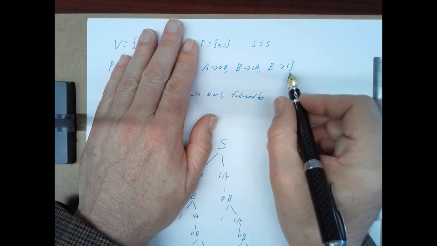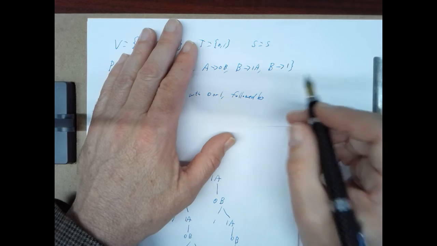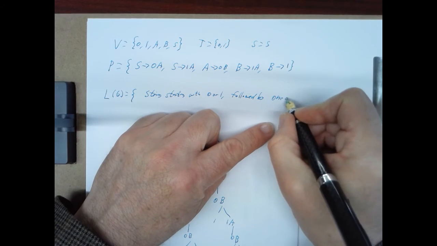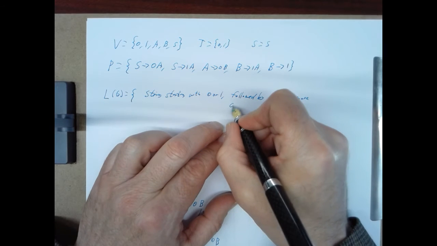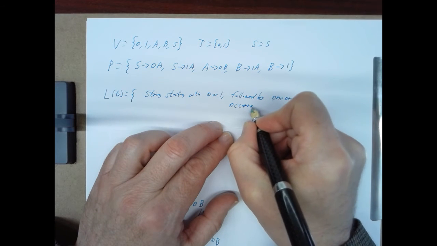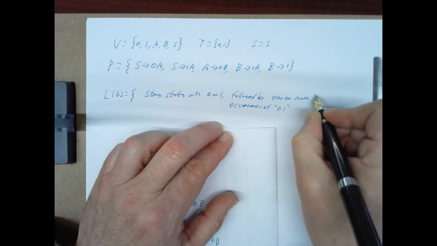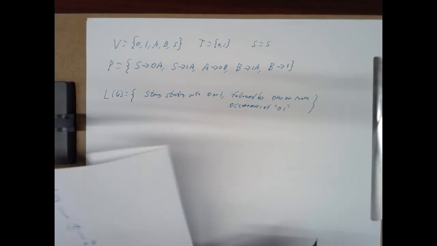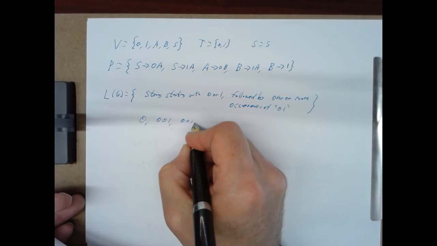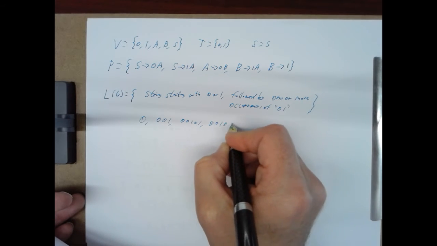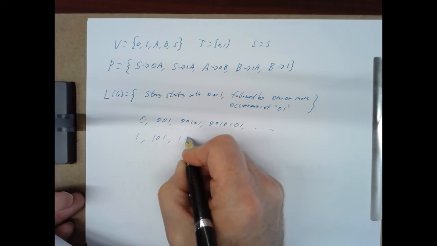An A is either 0, 1 or 0, 1 followed by an A. So it's followed by one or more occurrences of 0, 1. So it's 0, 0, 0, 1, 0, 0, 1, 0, 1. Or same thing starting with a 1.